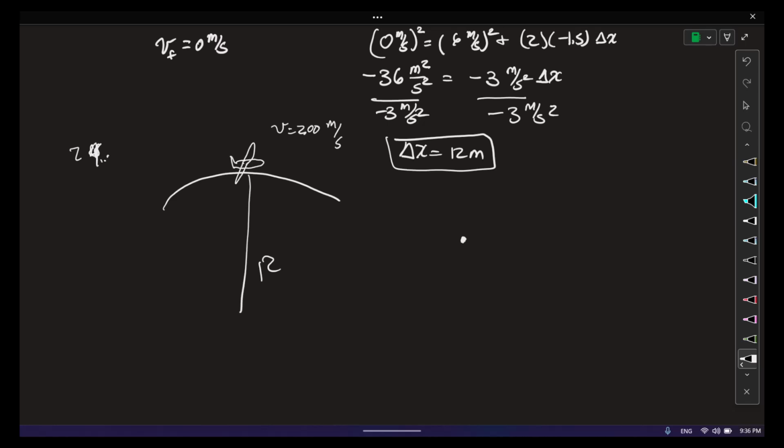So I have the force of gravity down, and I have the normal force up, and to experience weightlessness happens when the normal force is 0.